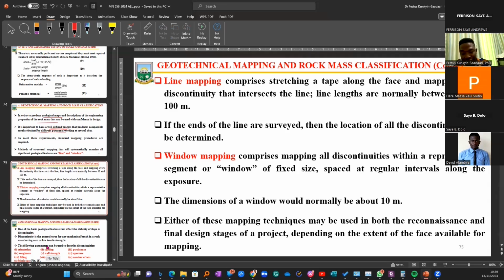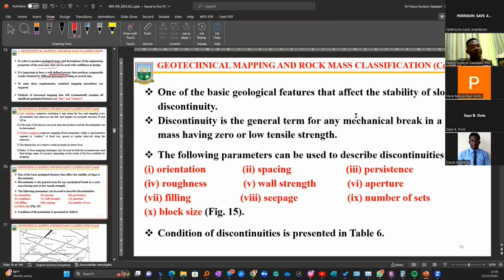Then we have on the surface of the rock, what are some of the things we can see? We can tell how the various discontinuities are oriented. You can tell the spacing.